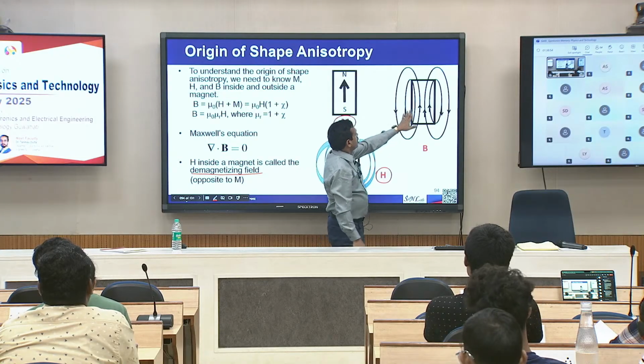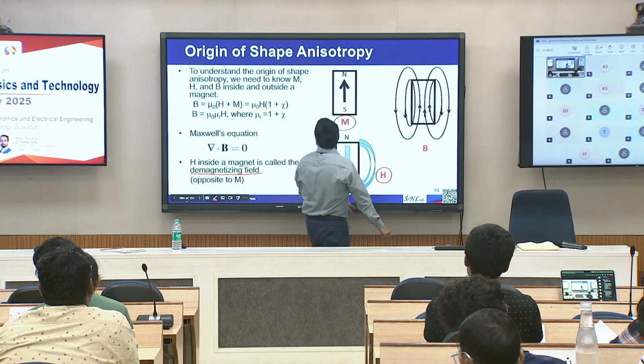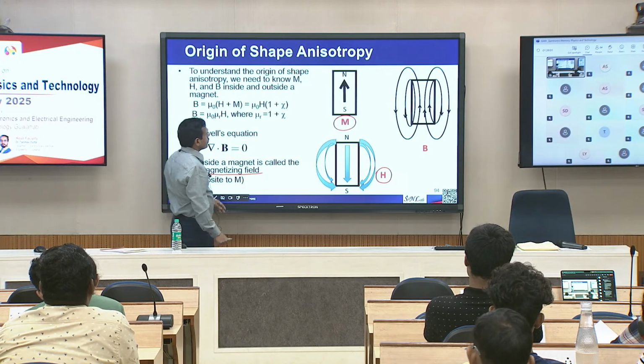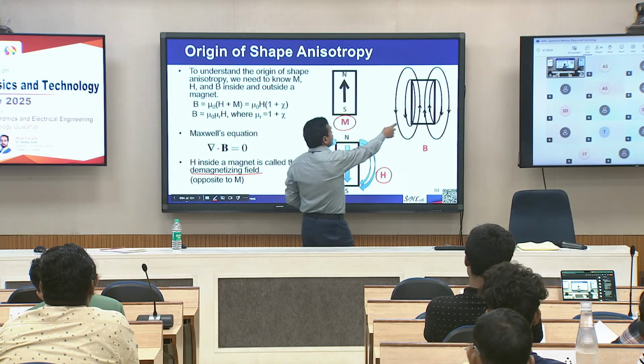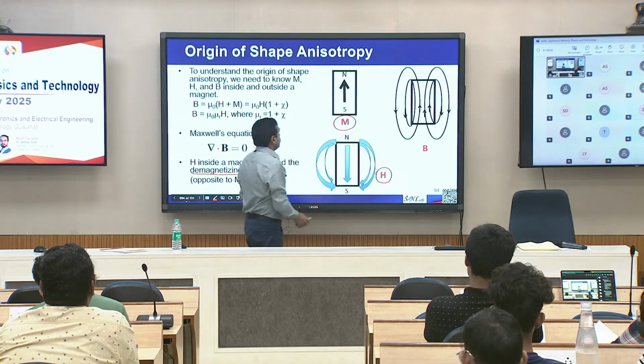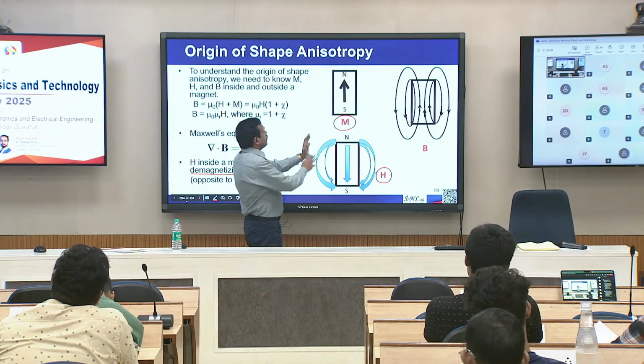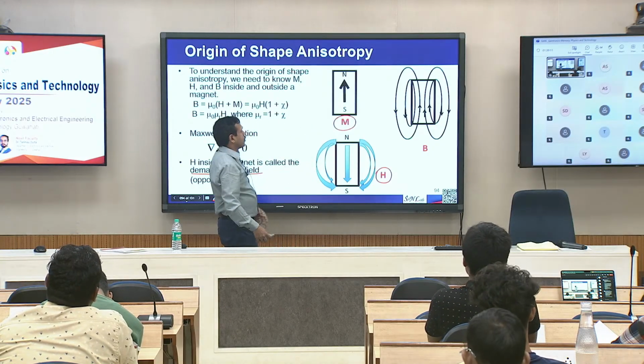B is magnetic induction. So, it follows this pattern. So, the B, H and M of a magnet will have this kind of properties.